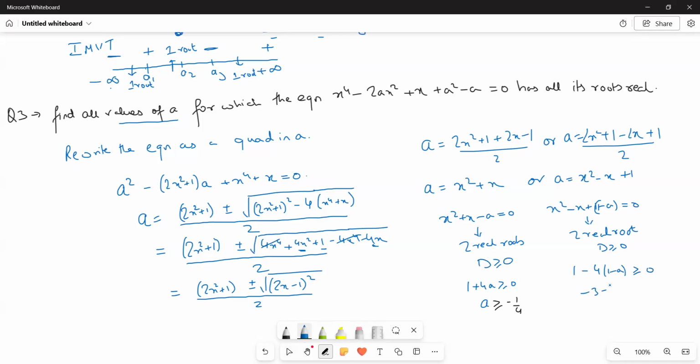So that's like minus 3 plus 4a is greater than equal to 0 or 4a is greater than equal to 3. a is greater than equal to 3 by 4. Now, what will be the intersection of the two?